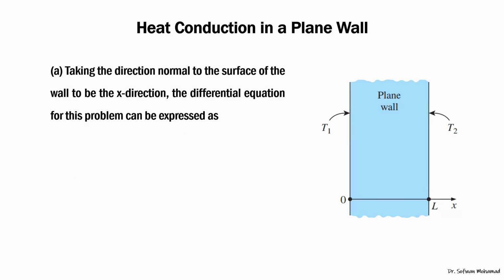The first strategy to solve this problem is to set up the governing equation. Taking the direction normal to the surface of the wall to be the x direction, the differential equation for this problem can be expressed as d squared T over dx squared equals 0.